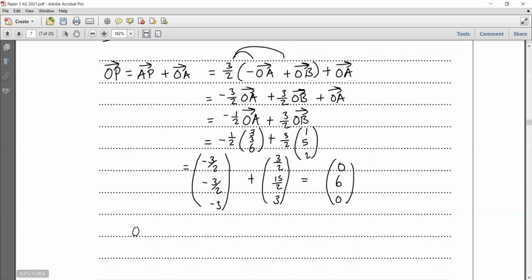So we have our position vector of OP. This is 0, 6, 0. And therefore, the coordinates of P are 0, 6, and 0. That's it.